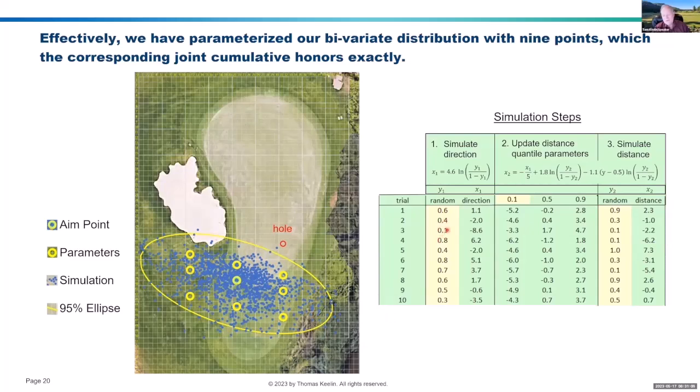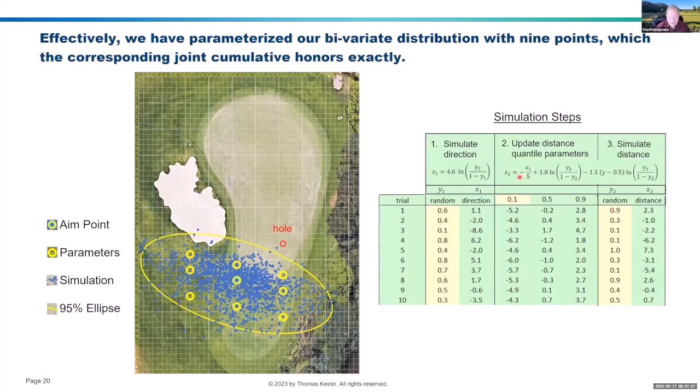Once you have this, it's very easy to simulate. If you just pick a random sample from a uniform distribution, which is a Y1, you plug it into this equation, you get your sample for direction. Then you pick a random sample from a uniform distribution, plug it into this equation.